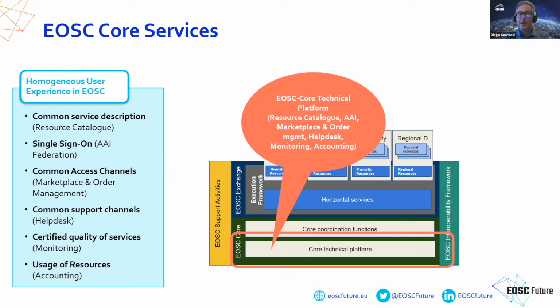In the resource catalog, services and research products coming from different experiences can be described in a similar way using the EOSC profile, so with the same fields and so on. In this way, for the user, it's easy to discover services and understand what they are offering, since they are described with a common language.